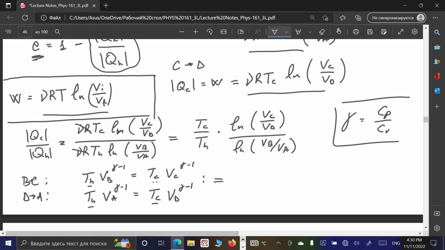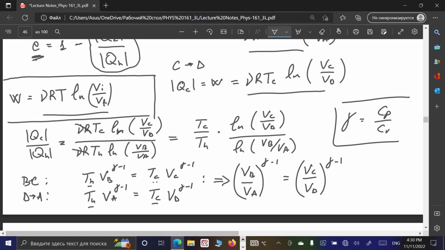So we will get from that Vb over Va to the power gamma minus 1 is equal to Vc over Vd to the power gamma minus 1.